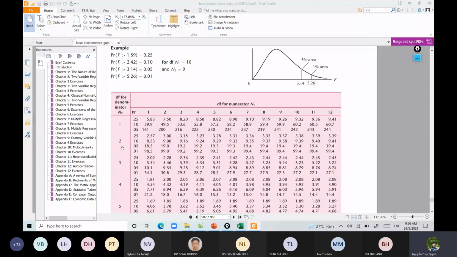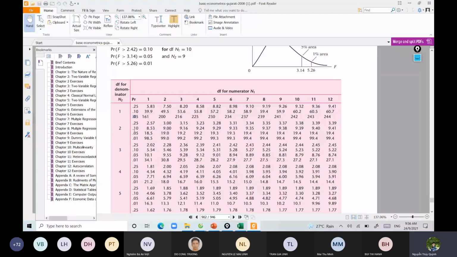Here we have the probability, the level of significance: 0.1, 0.05, 0.01. The 0.1 one may not be used because the level of significance is too high.